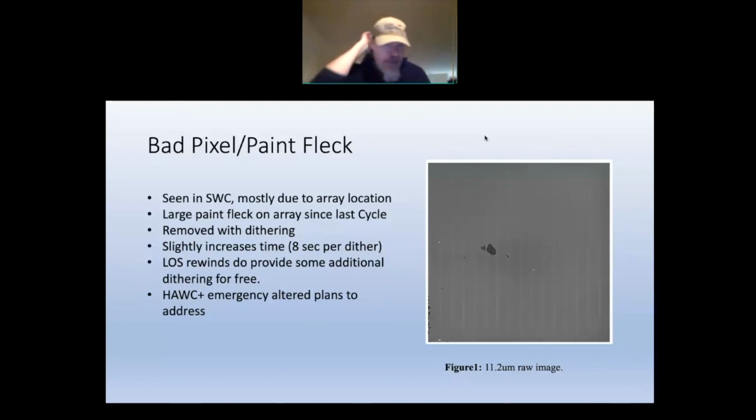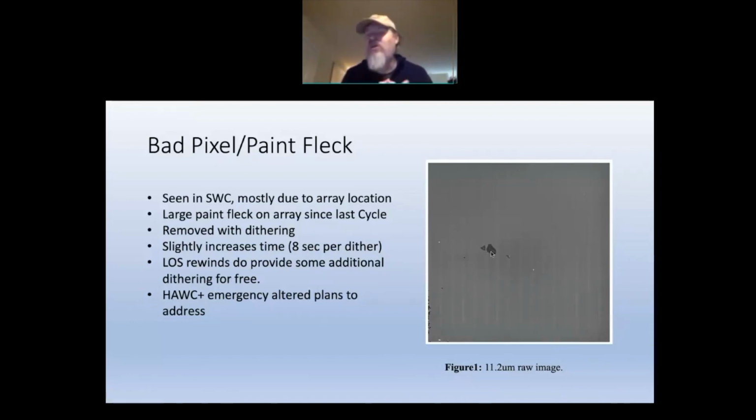The pixel-to-pixel offsets are usually taken account of just by natural field rotation, because remember, we're rotating the array as we're observing. So that naturally dithers out pixel-to-pixel variations. But a big spot like this requires a dither, which is why in the last couple cycles we've required everybody to dither more.